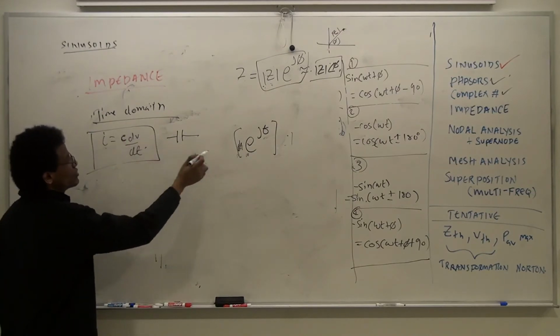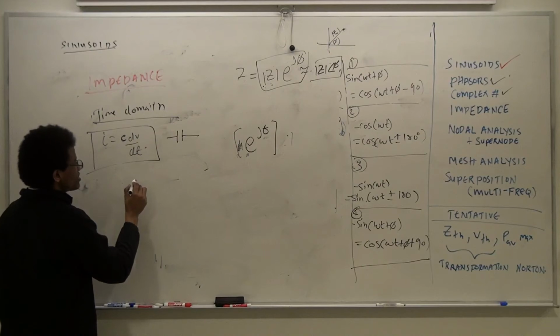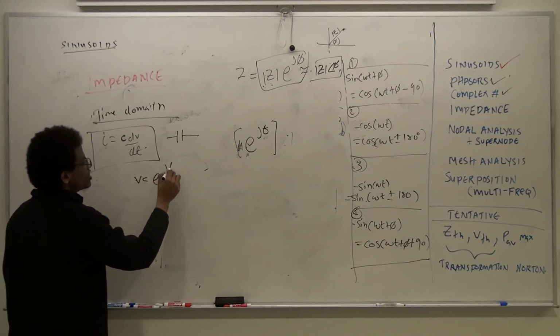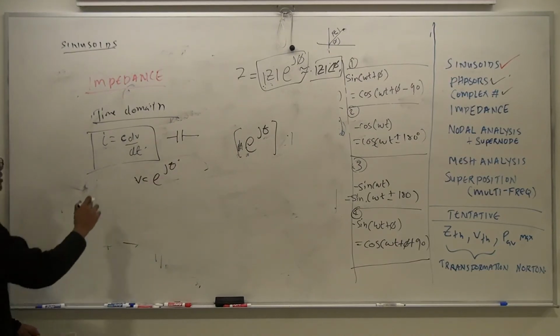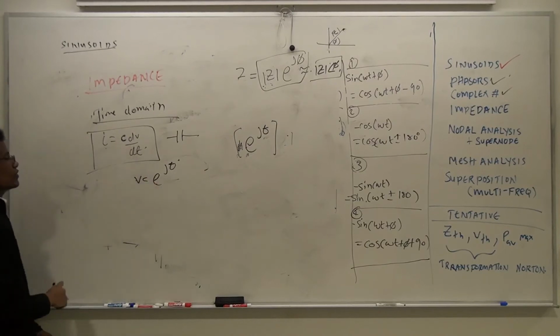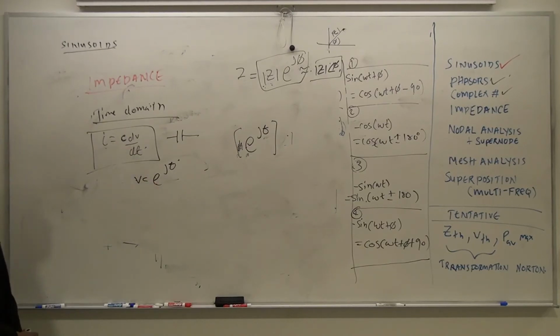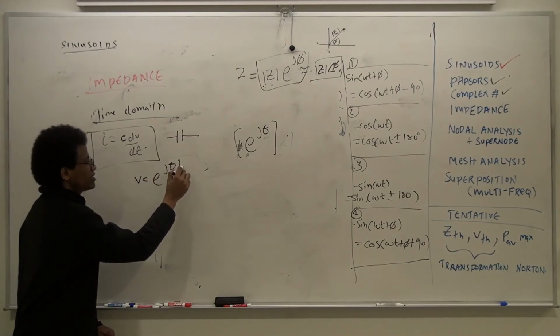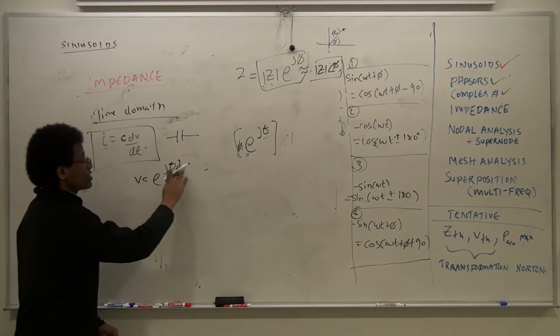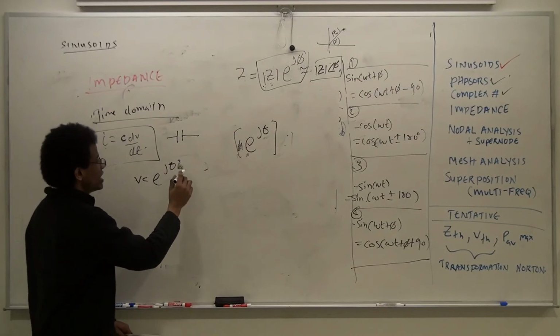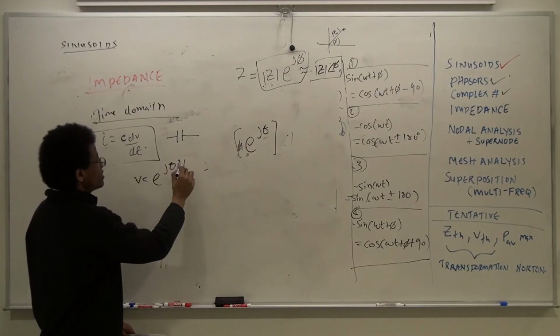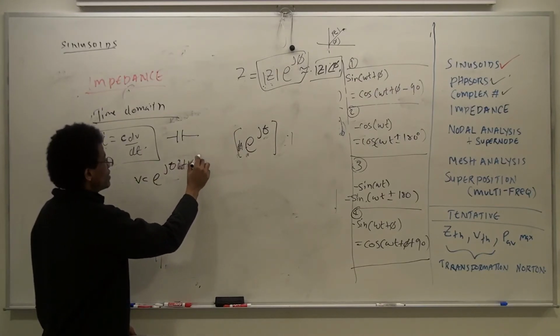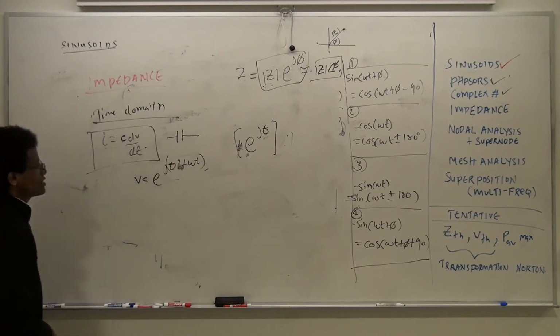The v is equal to e to the power j omega t. When we take a derivative with respect to time, there's a time dependency, because there's omega t, because this was a phasor representation. Okay, let's say that was the solution.